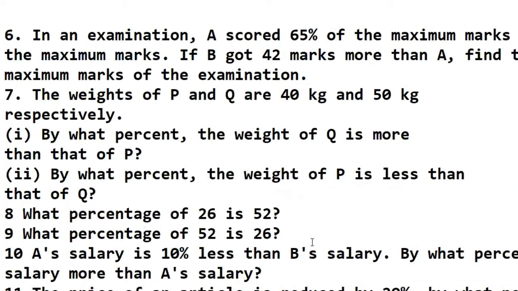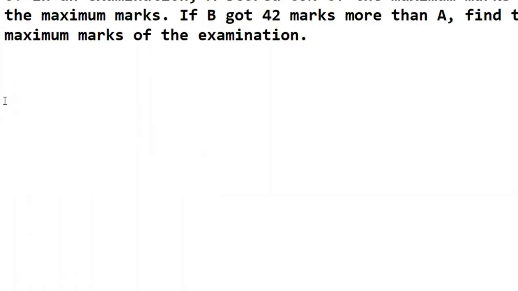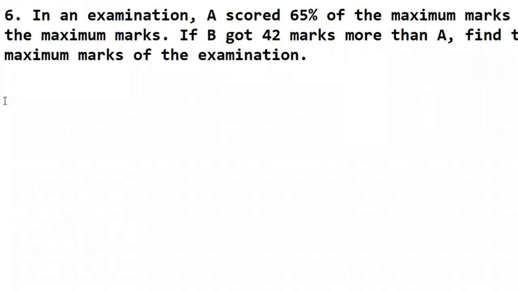Look at question number 6 and try to solve. Please pause the video and try to solve this question number 6. In an examination, A scored 65% of maximum marks and B 72% of the maximum marks.